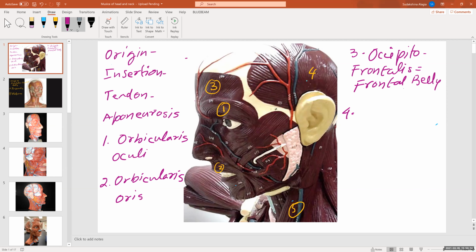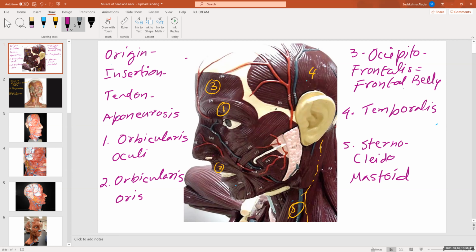Number four, temporalis. And number five, we can see at least part of it all throughout here. This is sternocleidomastoid.